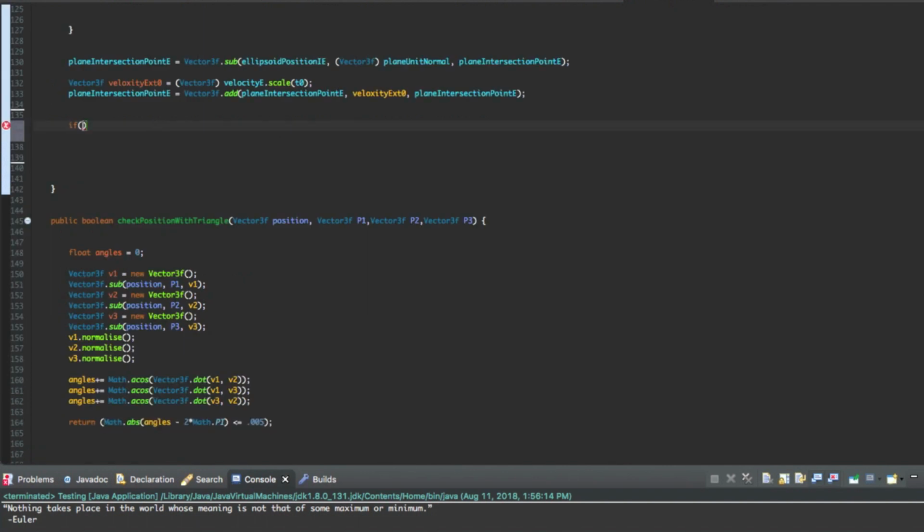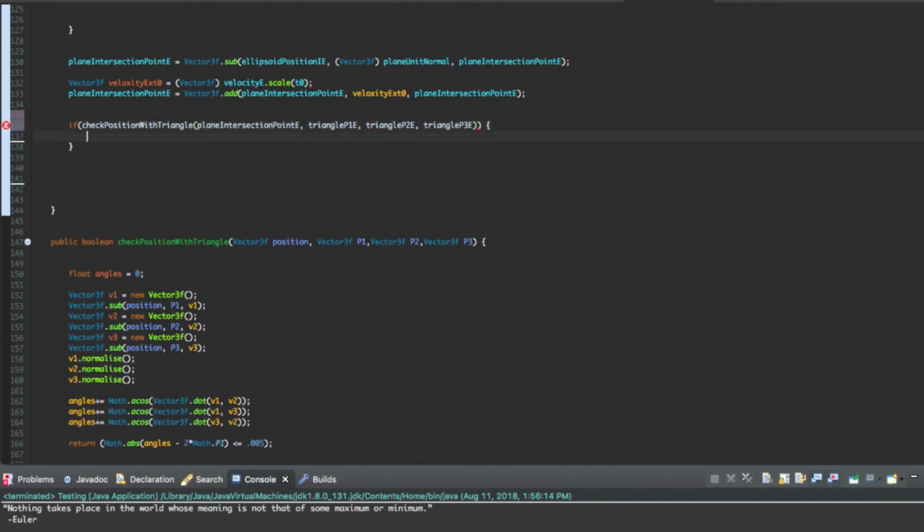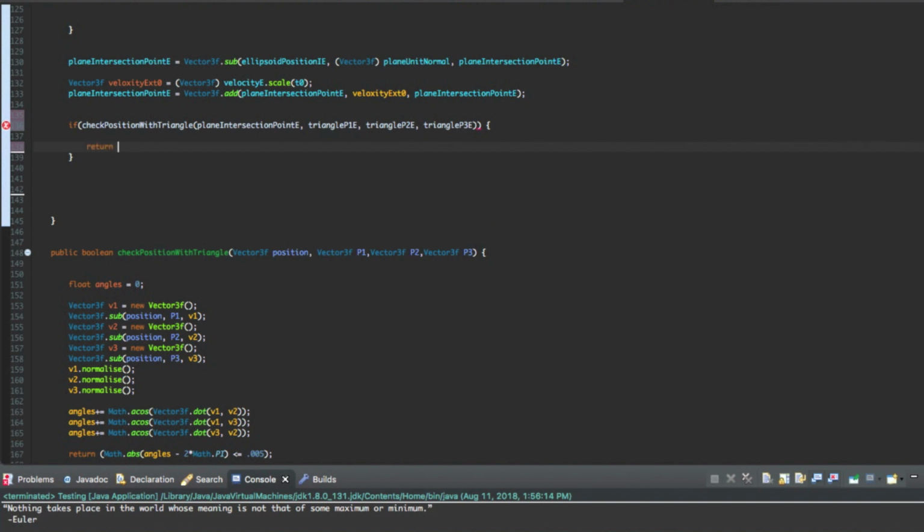So now we can actually call that method on our plane intersection point E. So we'll say if check position with triangle, and we'll feed into it the plane intersection point E. We'll need the triangle P1E. We will need also the triangle P2E, of course, and the triangle P3E. So now that will check those points, and if that returns true, then we have a collision with the surface, so we can create a new collision packet.